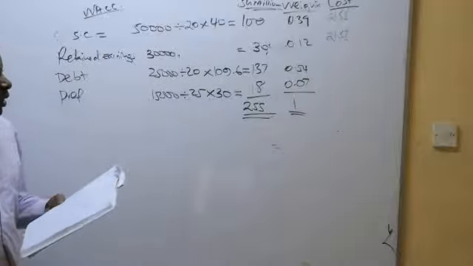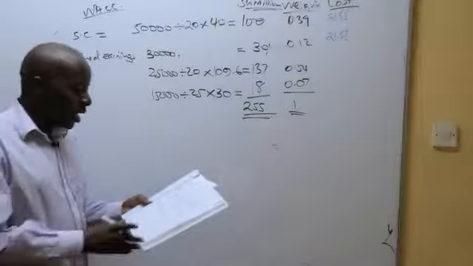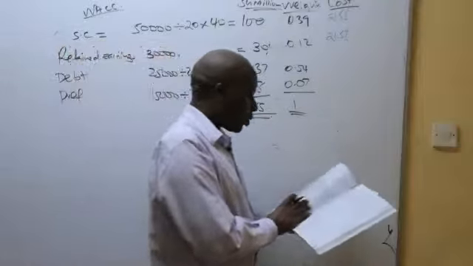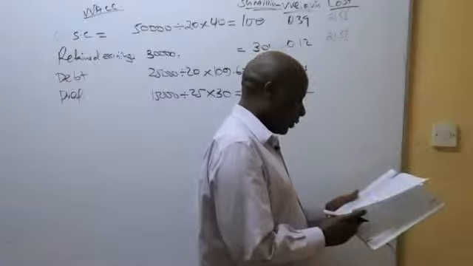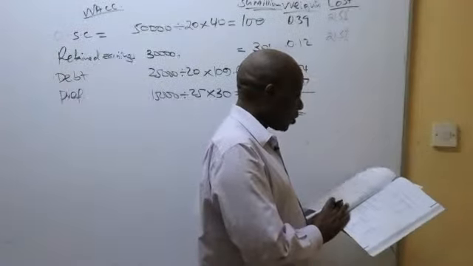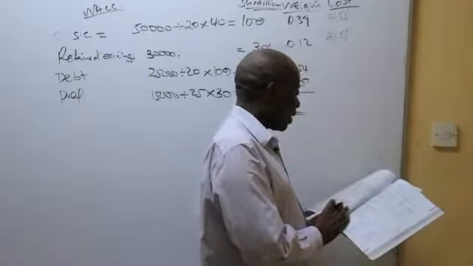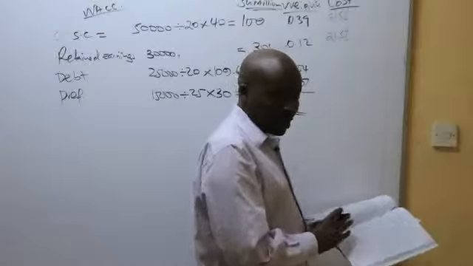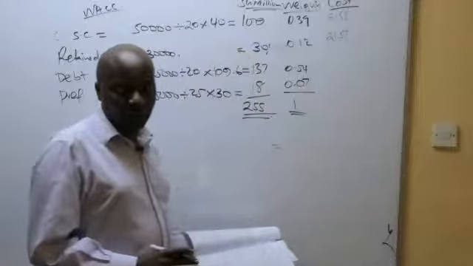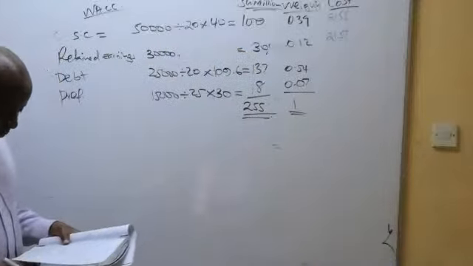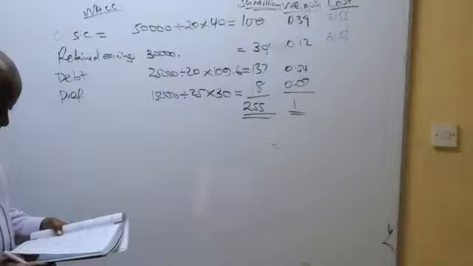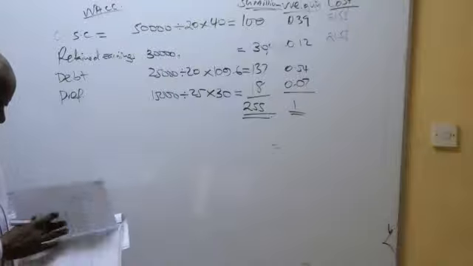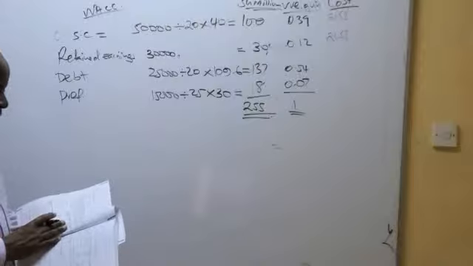Now, ladies and gentlemen, we move on to the next one. The next one is the cost of debt. So cost of debt is what you guys got. 1 point something. What is the cost of debt? Please give me the cost of debt.